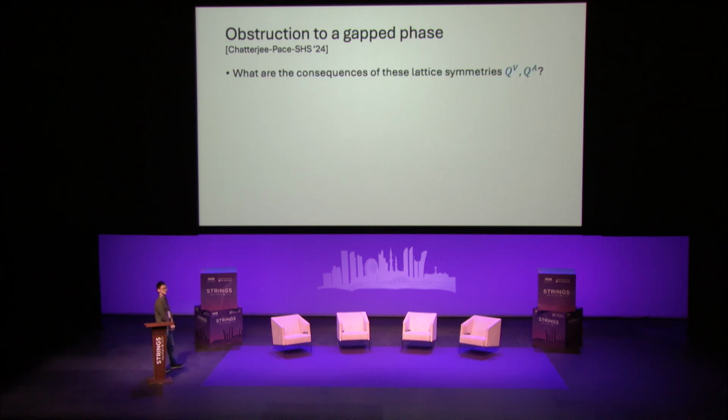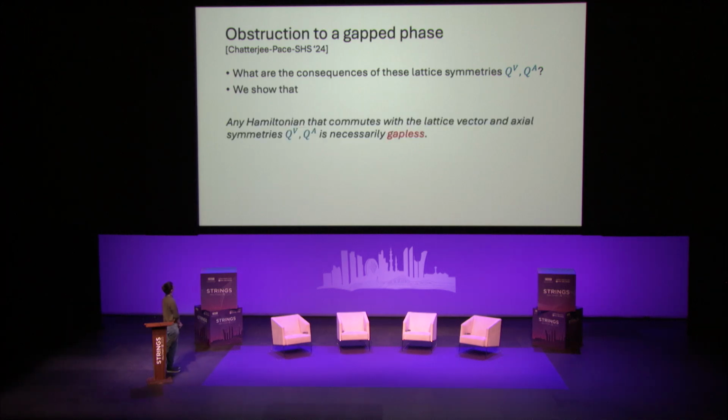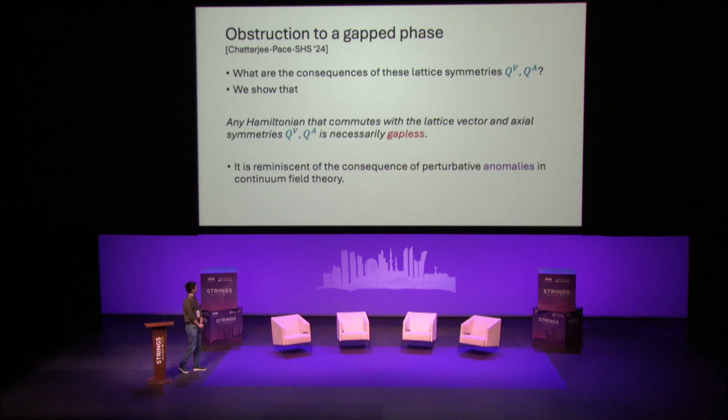But then what are the consequences we can derive from these 2 symmetries? In this paper, we show that any Hamiltonian that commutes with both QV and QA must necessarily be gapless. So it could be described by a conformal field theory in the continuum limit or some non-relativistic scale invariant field theory. This is very reminiscent of the consequence of ordinary perturbative anomalies in continuum field theory.